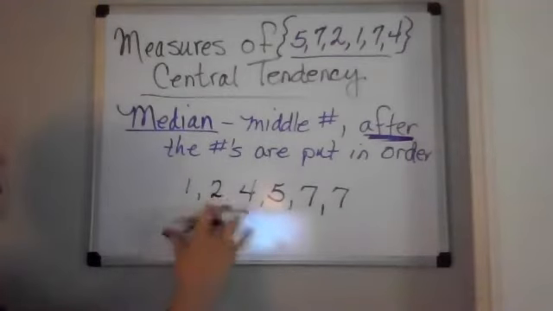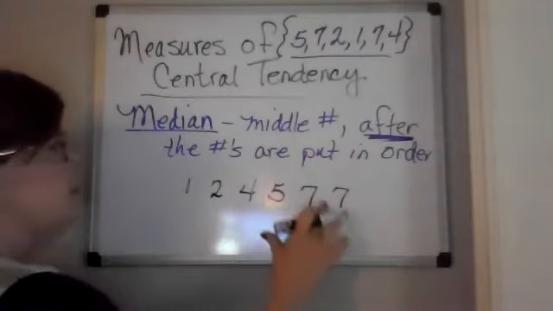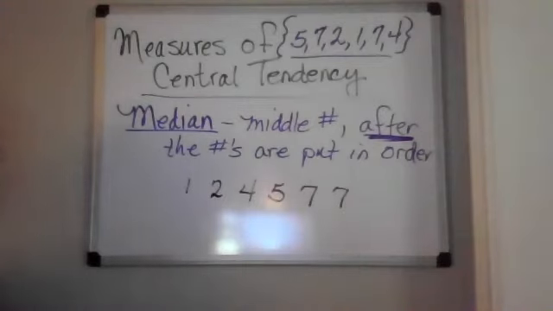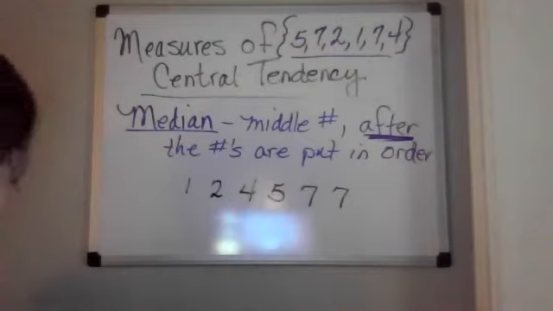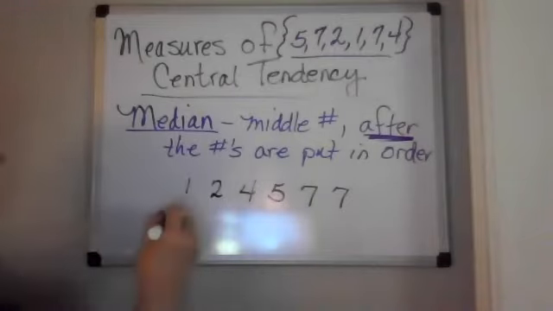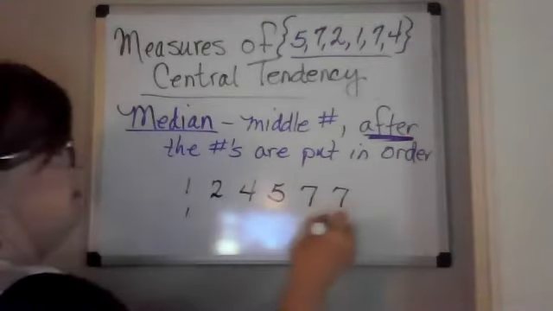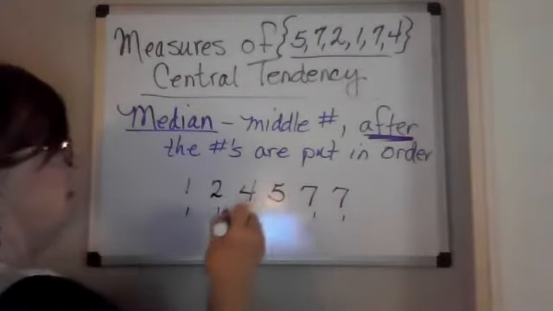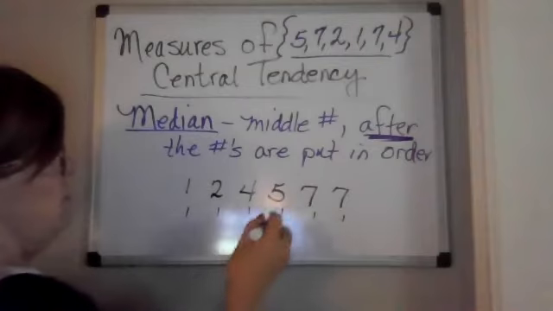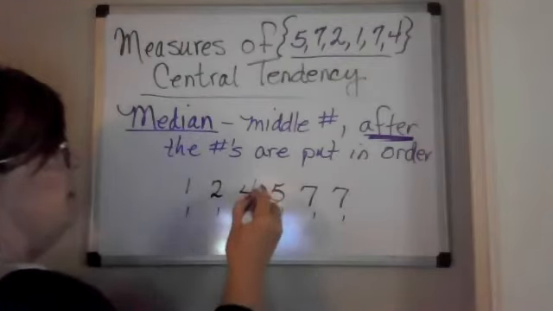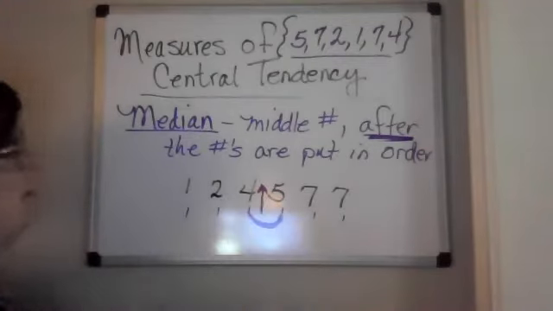Now, when you have them in order, you find the middle number. A lot of people, to find the middle number, like to say, okay, this matches this, this matches this, this matches this. So where's the middle? If you have an even number of numbers, the middle is going to be between the 4 and the 5, isn't it?